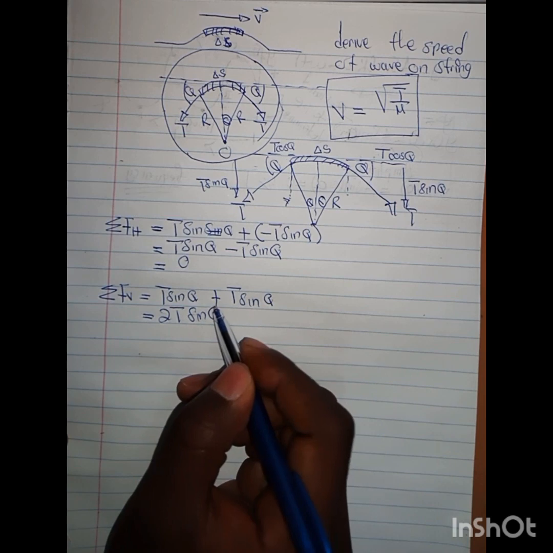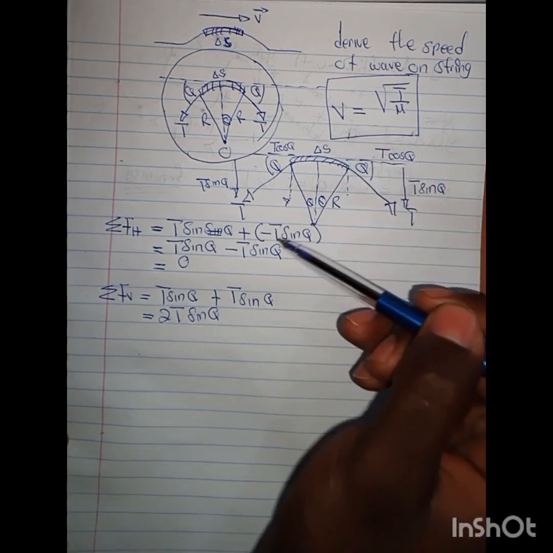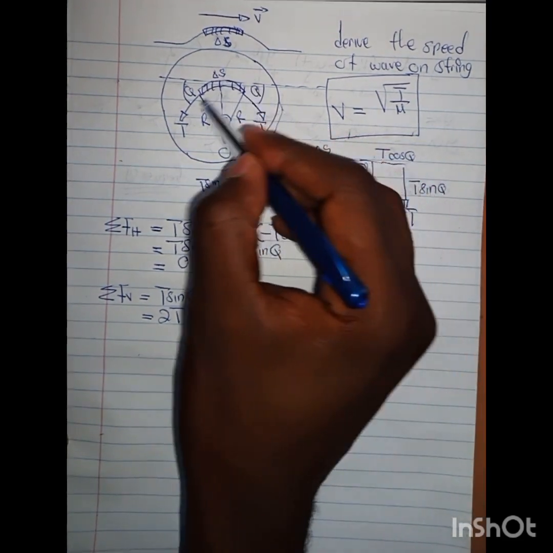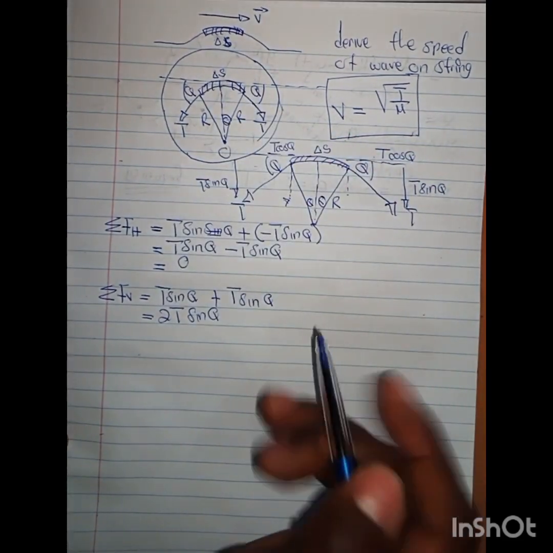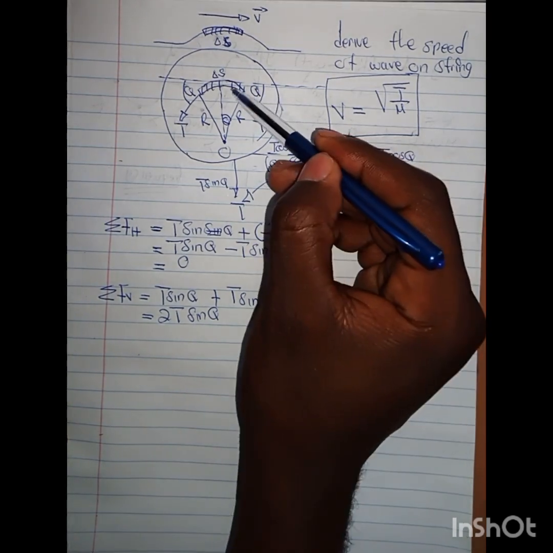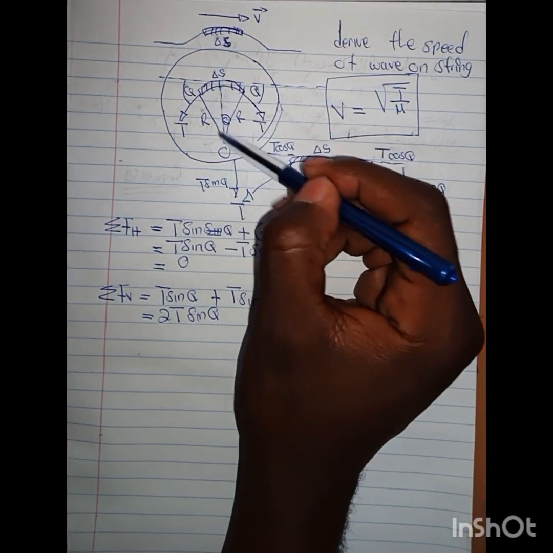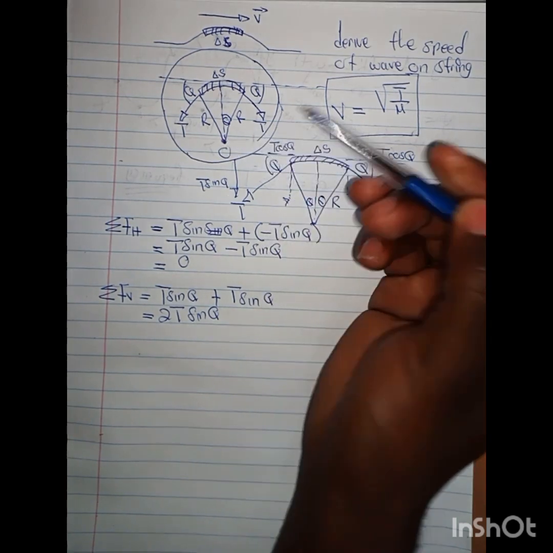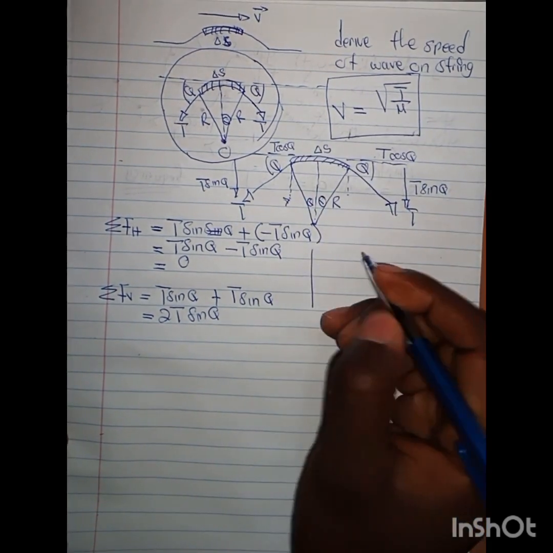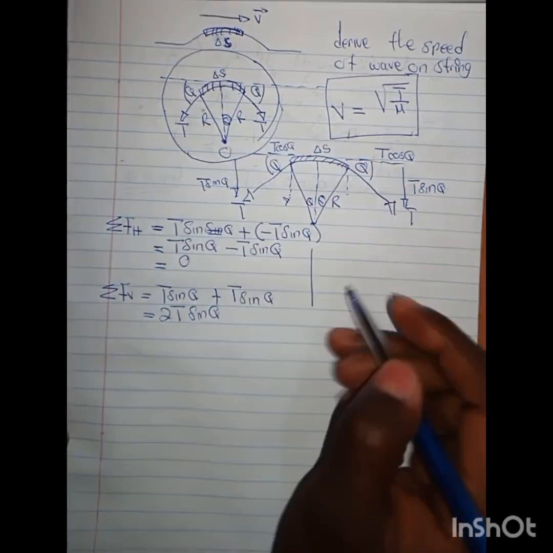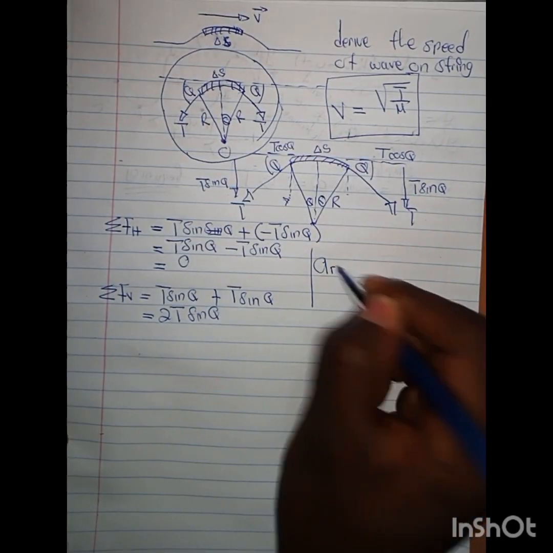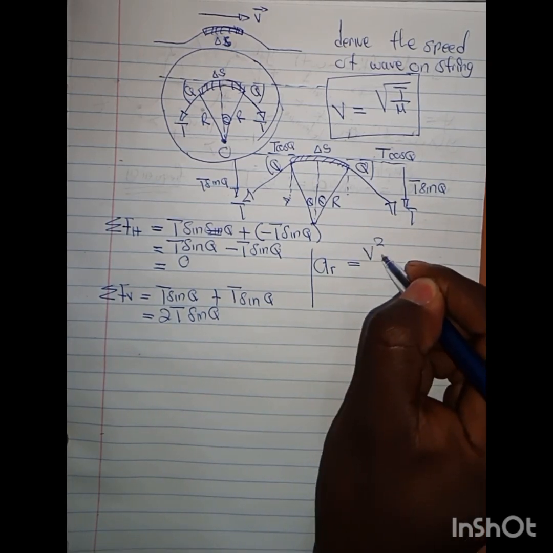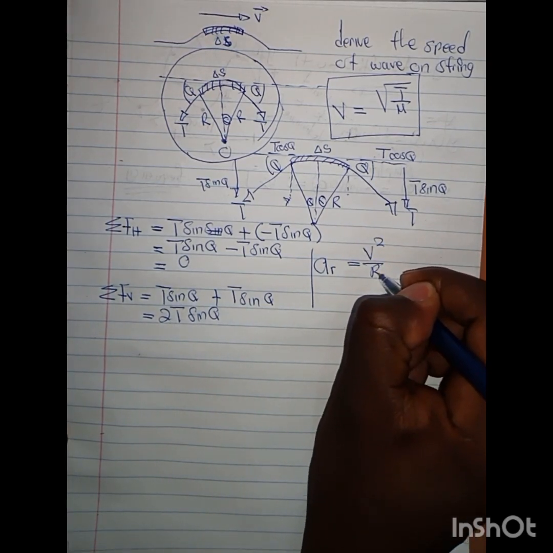Since it is in the vertical direction, and this object is moving in a circular motion, it will cause this object to accelerate towards the center. Objects moving in a circular motion have radial acceleration, and the radial acceleration is given by v squared over r.